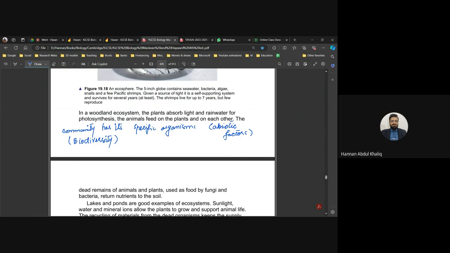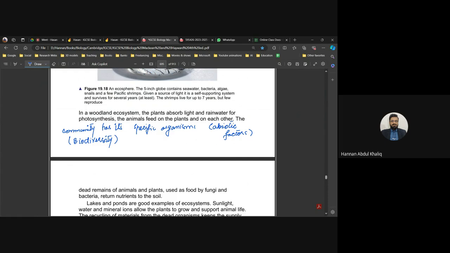What are those abiotic factors? Like altitude, latitude, longitude, the climate, the weather, temperature, soil pH, soil texture, the rainfall, the annual temperature. All these things are abiotic factors.